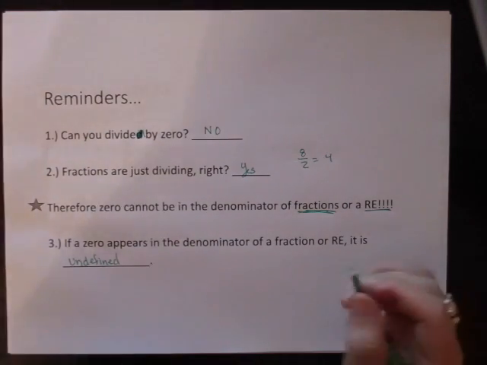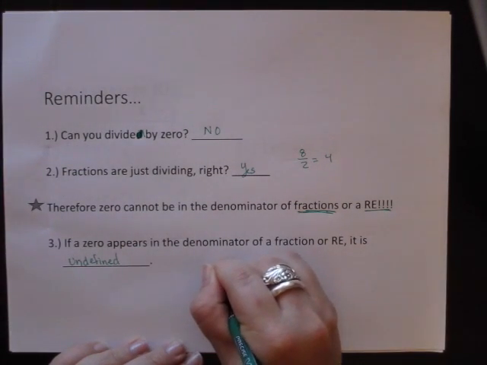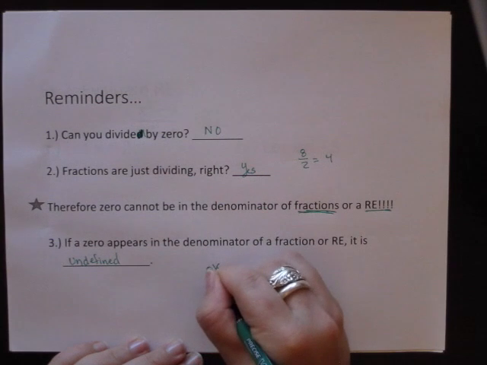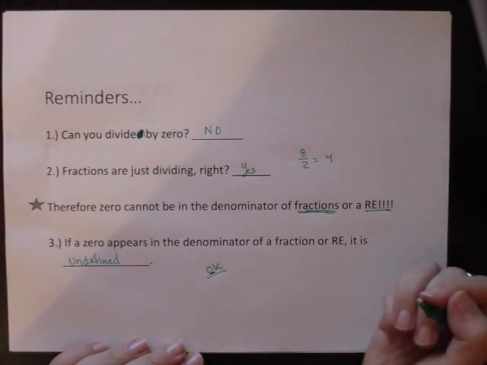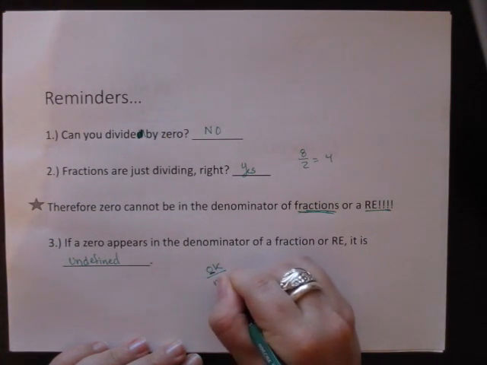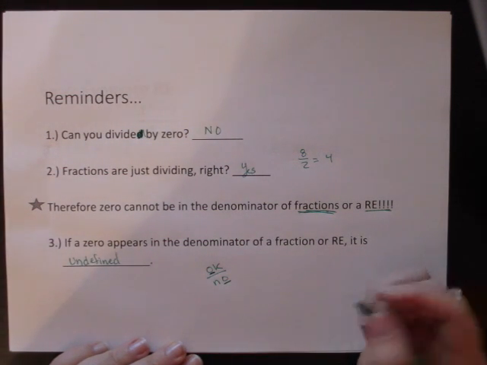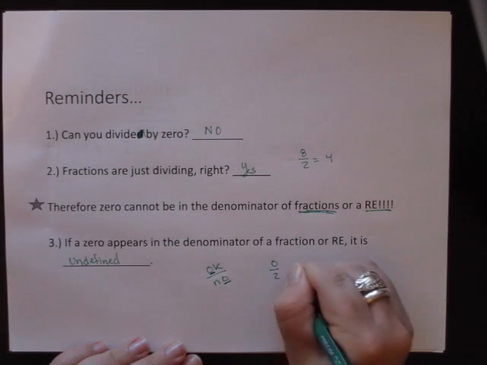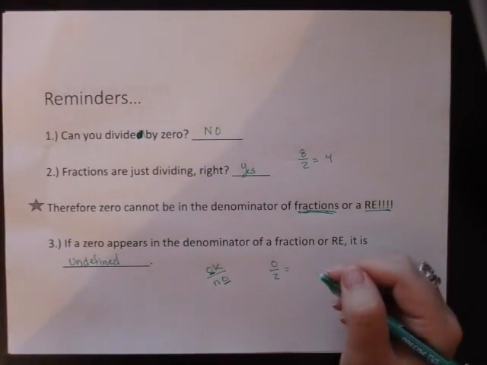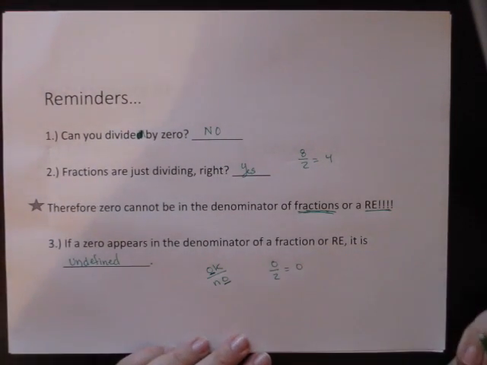Okay? And I saw this trick once. It's okay to have a 0 in your numerator, but it is not okay, or no, to have a 0 in the denominator. So if I had like 0 divided by 2, since my 0 is in the numerator, it's okay, so that would just be 0.